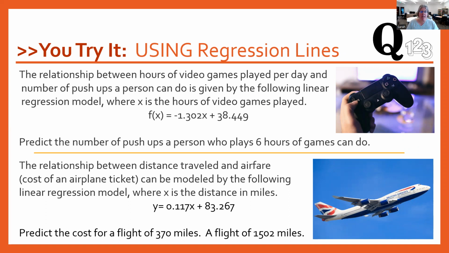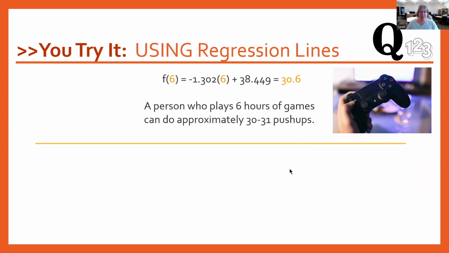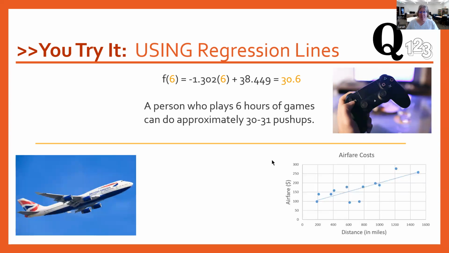So we're supposed to predict the number of push-ups a person who plays 6 hours of games per day can do. So I'm going to put 6 in for X, and that gives me a total of about 30.6. So that interpretation is: a person who plays 6 hours of video games per day can do approximately 30 to 31 push-ups.